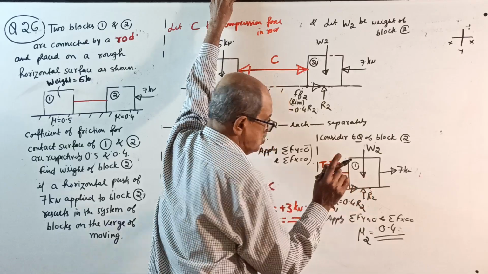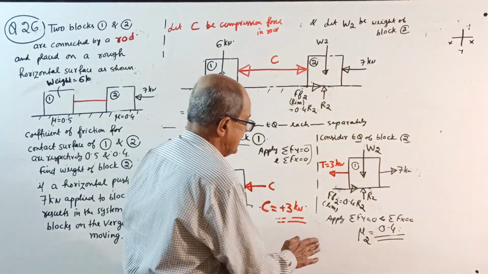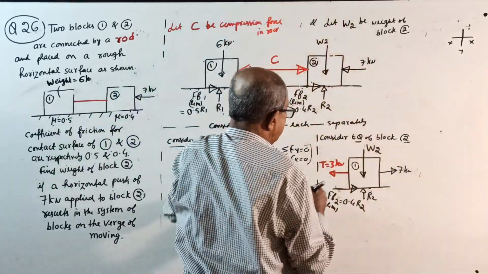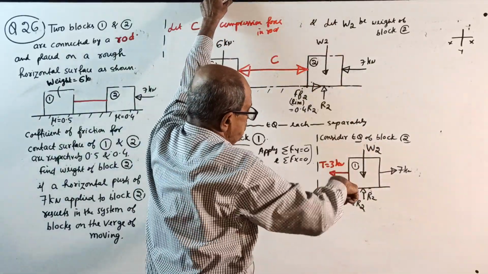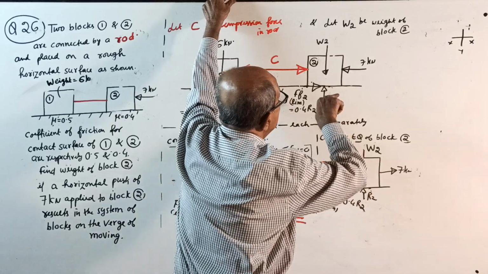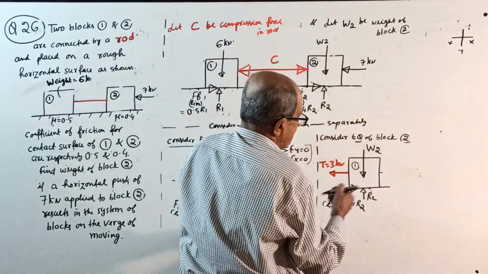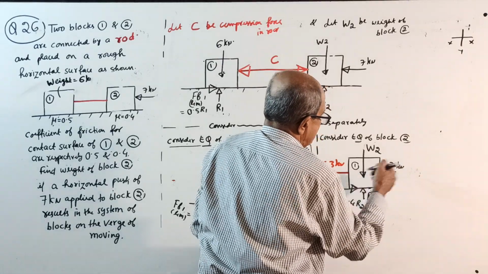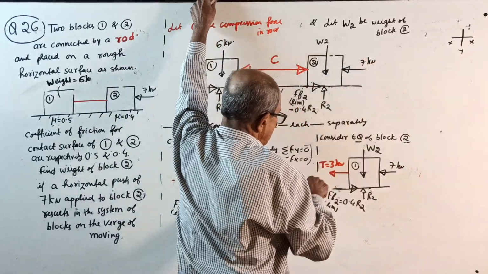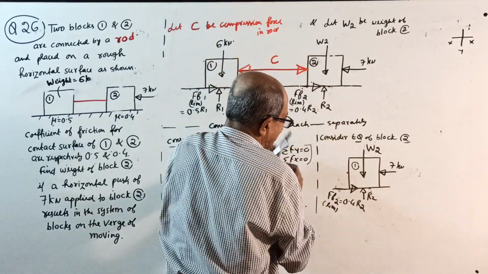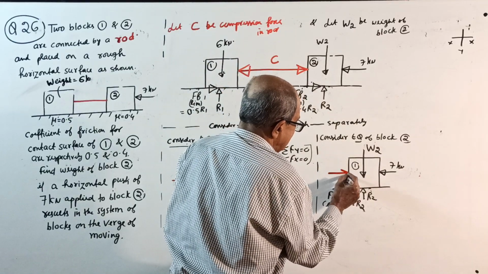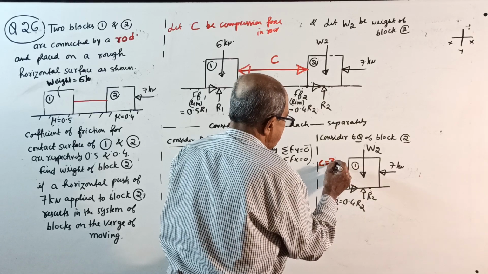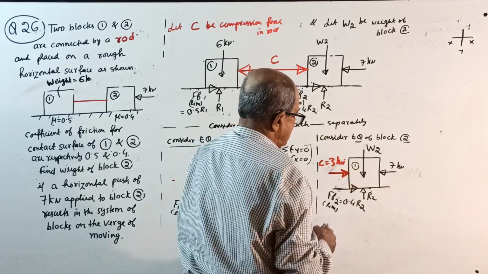You should solve systematically. If you want to understand everything, solve systematically. Okay. Now right here, everything correct? W2, R2, sorry, forgot. 7 kilonewton. Sometimes I should be careful. Compression C, which is known to you, C equal to 3 kilonewton. Okay. This is also over.